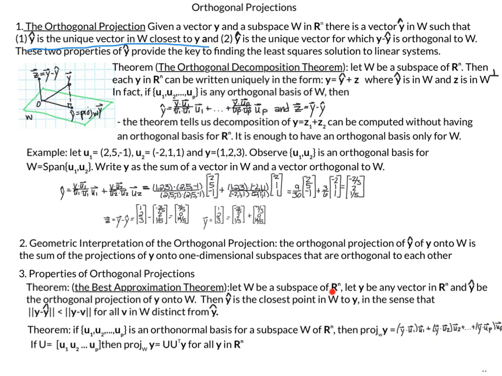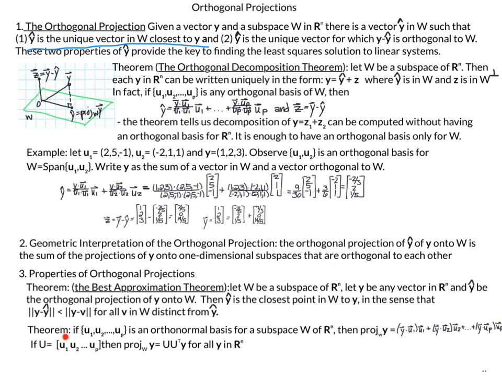So let W be a subspace of Rn and y be any vector in Rn, and y hat be the orthogonal projection of y onto W. Then y hat is the closest point in W to y, in the sense that the magnitude of y minus y hat is less than the magnitude of y minus v for all other v in W, so all v in W distinct from y hat.